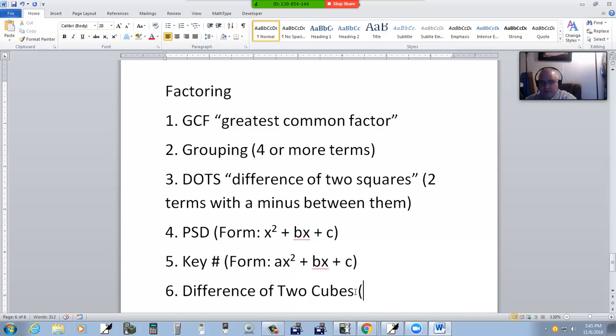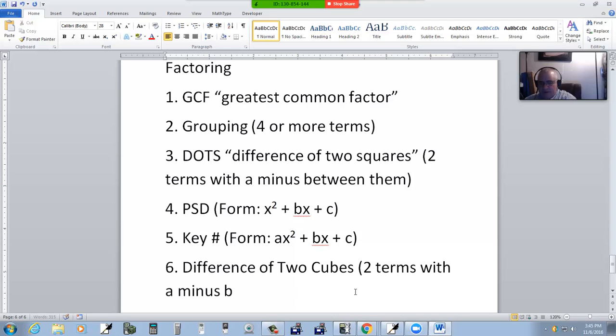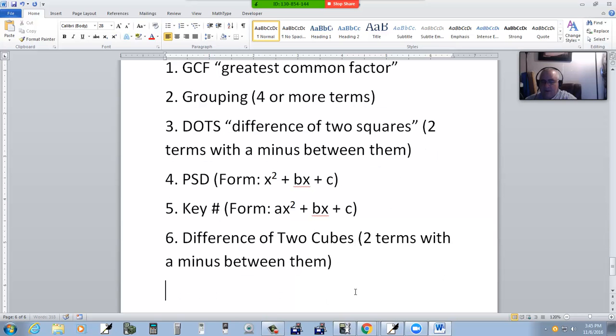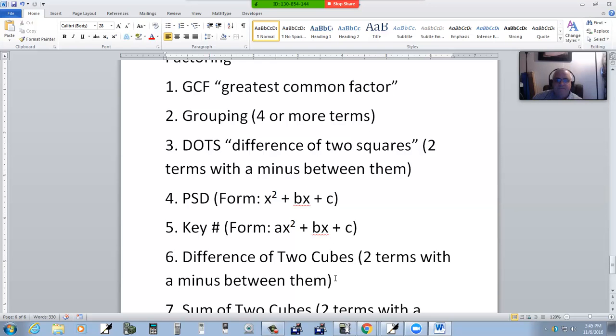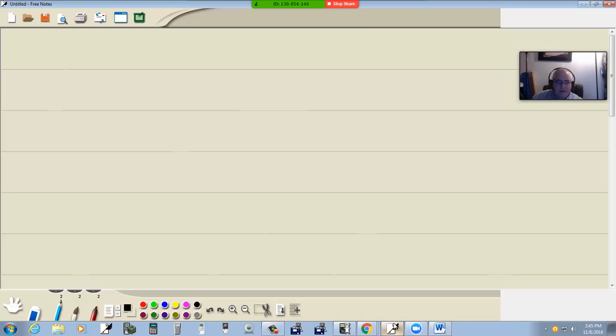We got difference of 2 cubes, which is 2 terms with a minus between them. And we got sum of 2 cubes, which is two terms with a plus between them. Okay, so let's take a look at some examples.